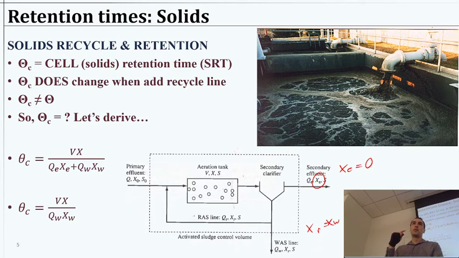Let's see. So Qx is going to give us the mass, and then on the bottom we're going to have mass per time. We divide mass by mass per time, we'll get time, right? So that's kind of what we're looking for.